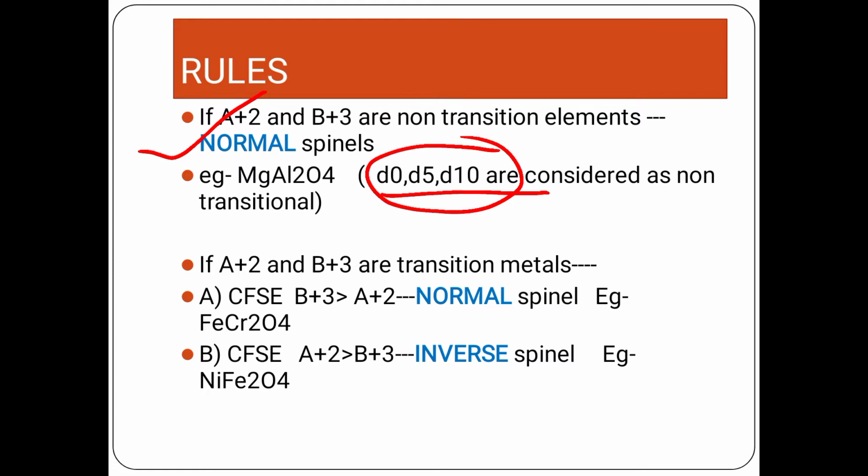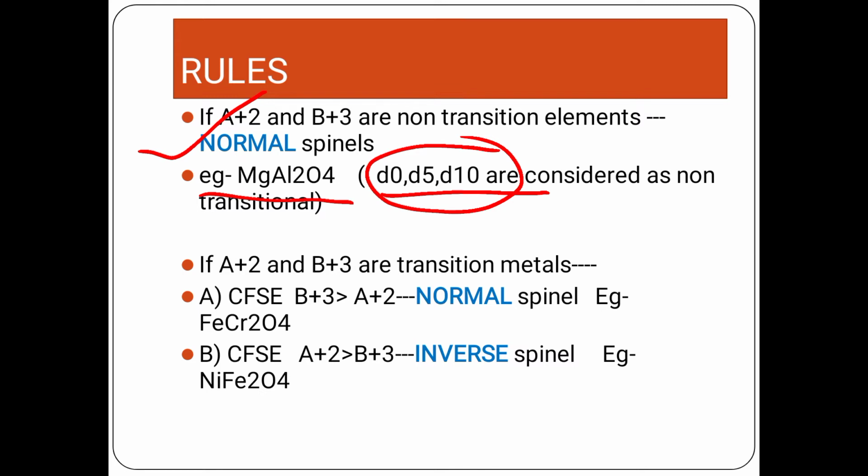So generalizing the first rule, if A+2 and B+3 are non-transition elements, you consider this to be a normal spinel structure. Even if you have a transition element in the complex and it has d0, d5 or d10 configuration, you call it also a non-transition element and you consider the complex to be a normal spinel. Fine. So this is your example that you've been given, MgAl2O4.